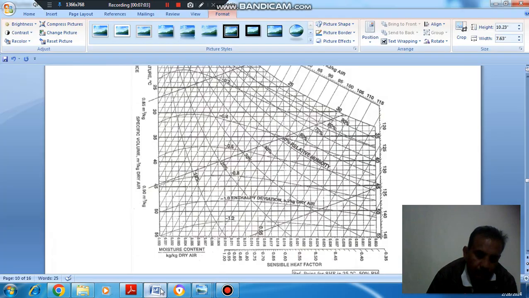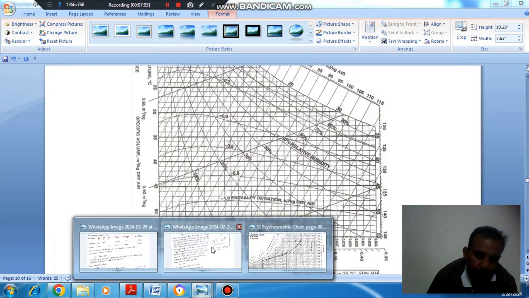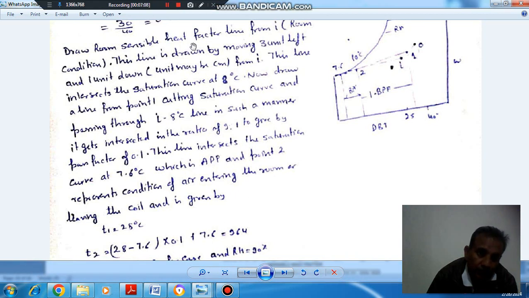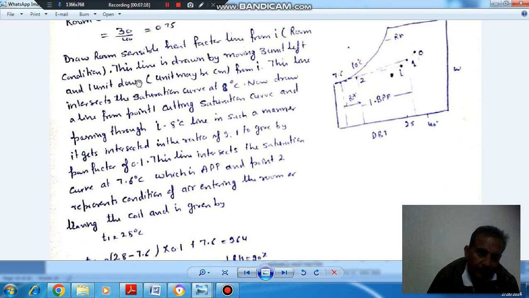Or we can use this: draw the room sensible heat factor line from the room condition, moving 3 units horizontally and 1 unit vertically. The unit may be centimeter. This line intersects the saturation curve at 8 degrees Celsius.